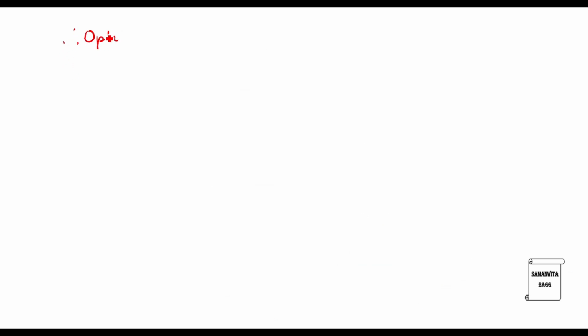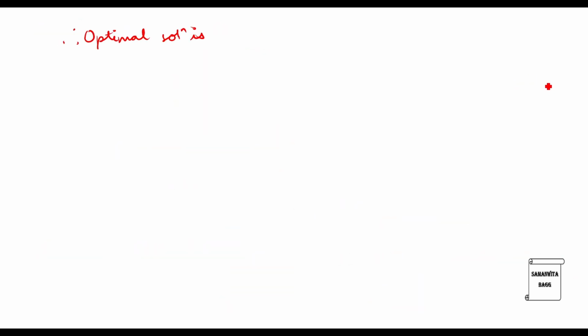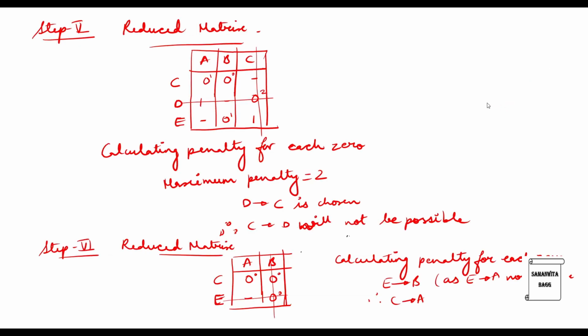So what we will do is we will now write down the optimal solution. Therefore, we are writing the optimal solution. Let's go back and check what we have written. We have written E to B. We have written C to A. Before that, we have written D to C. Please check.